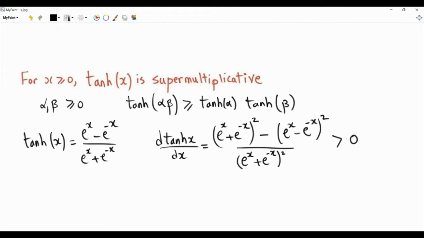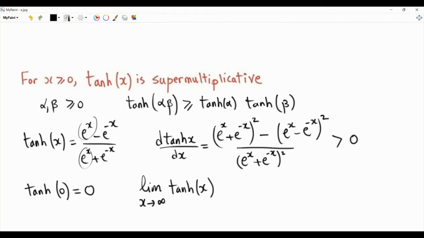Now, this means that the tanh function is strictly increasing. Note that tanh of 0, so we'll have here in the numerator 1 minus 1 when x is equal to 0, so that's 0. And so tanh will strictly increase from 0, and then the limit as x tends to infinity of tanh x: at very large values of x, those exponentials will dominate, and so the tanh will approach unity.